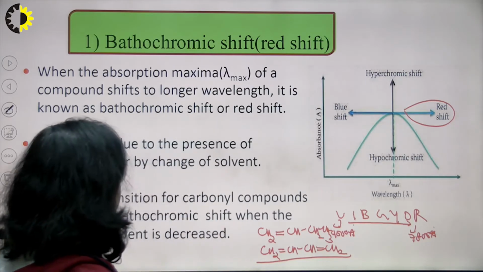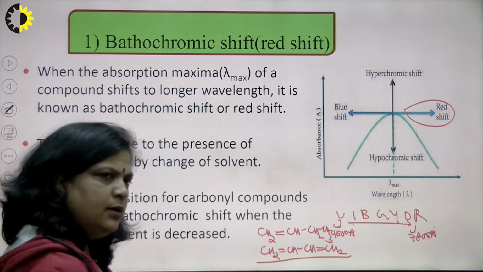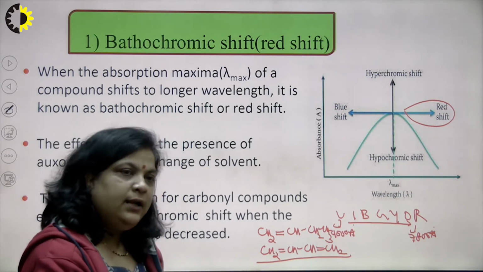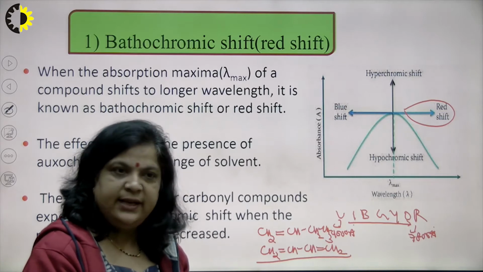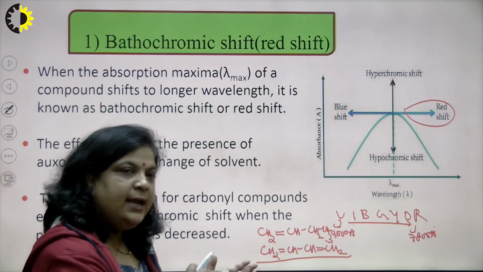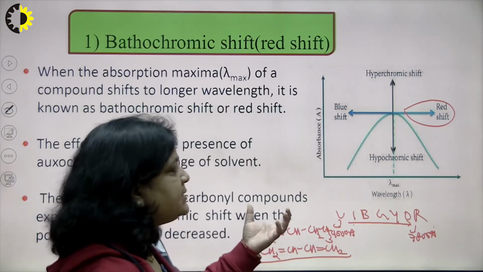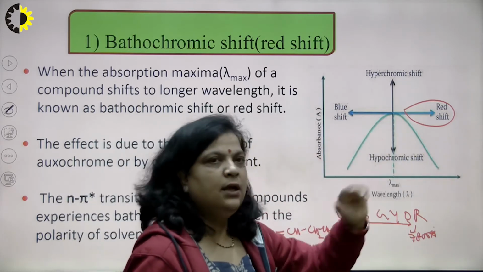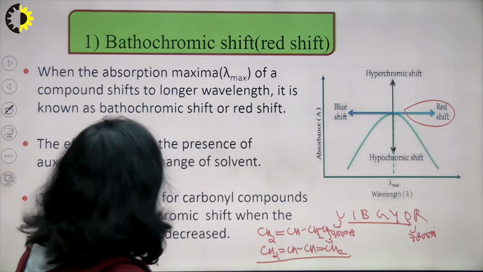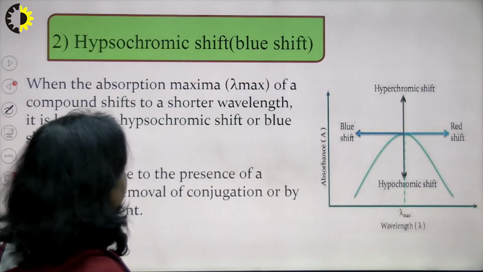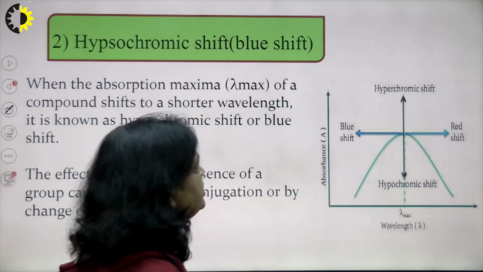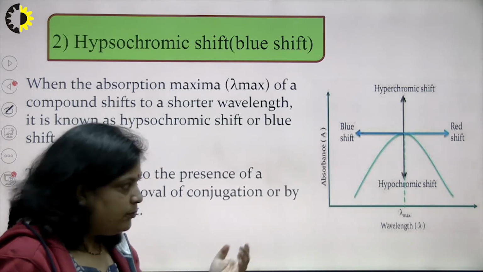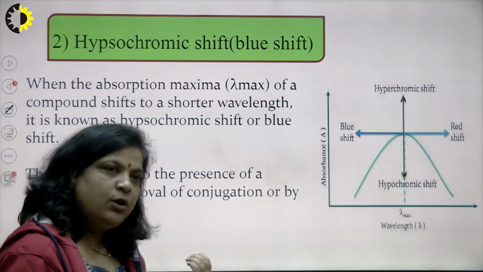An example is the carbonyl group, C=O. In the carbonyl group, if the polarity of solvent is decreased, the n to pi star transition will experience a red shift. Red shift means it will shift towards the longer side. Now, the second shift is blue shift, which means hypsochromic shift. Blue means towards the violet side, that is shorter wavelength.